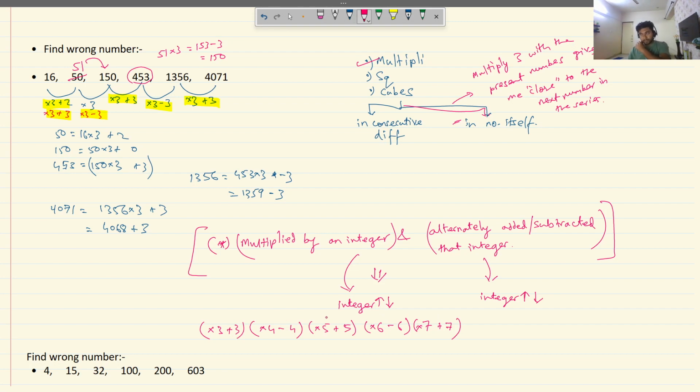So I'm multiplying with an integer that keeps increasing from 3, 4, 5, 6, and alternately adding and subtracting that integer, which also keeps increasing or decreasing. Here's an example of a more advanced version of the same logic.